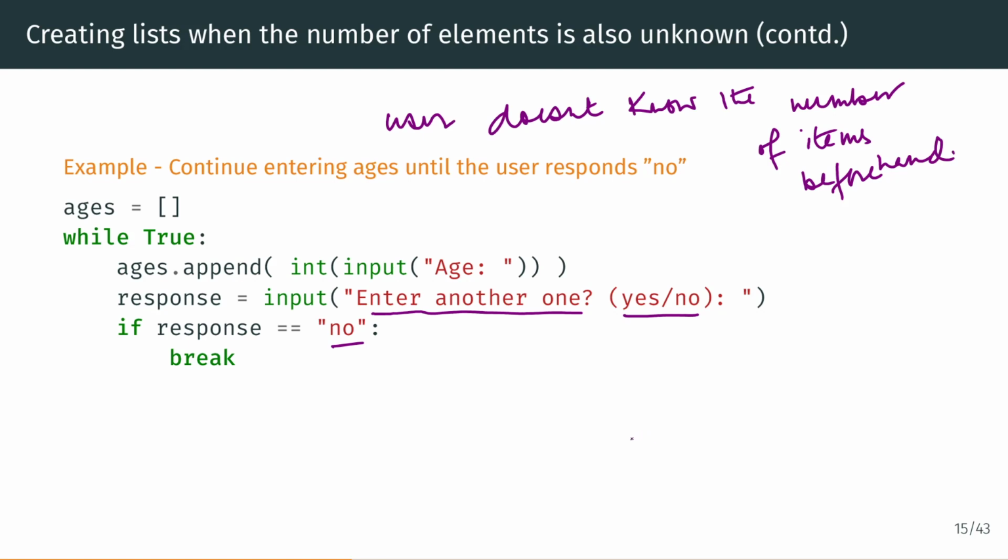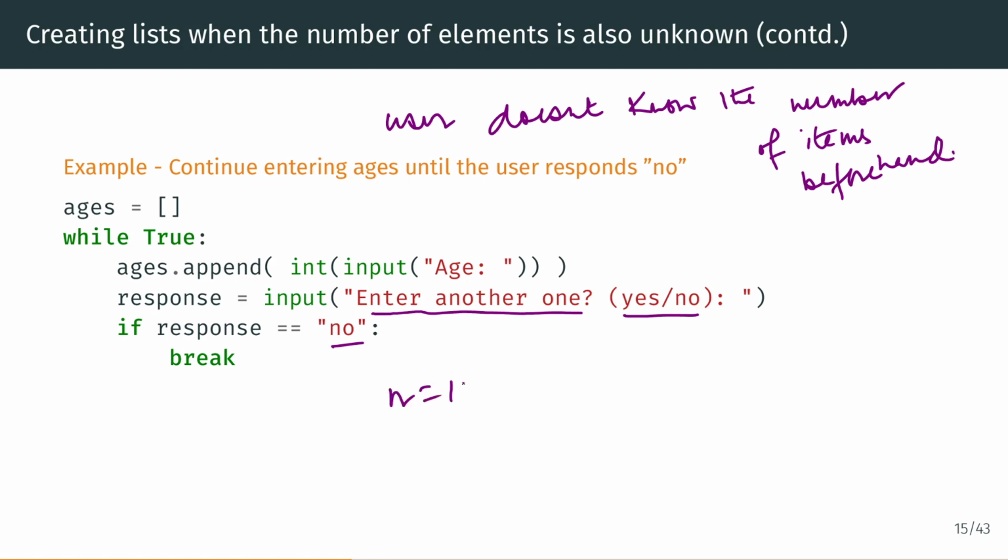What is an example of this? Let's say you are writing a program to store the names and addresses of all the students in the class, or all the students in the school. There are two ways of doing this. One is, if you know the number of students in the school, let's say n equals 1000.